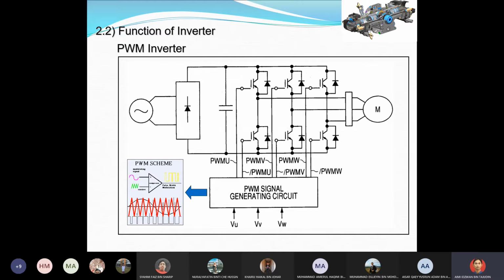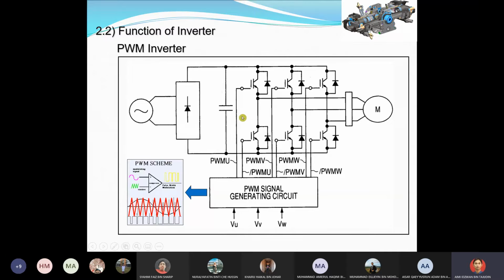So dekat situ sebenarnya kamu kena lebih aware how to switch the switching. Macam mana kita nak bagi signal kepada switching sebab kita ada beza angle 120 darjah each phase. Okay, tak apa, nanti kalau saya ada berkesempatan insyaAllah saya akan cuba tunjuklah on the PSIM software.